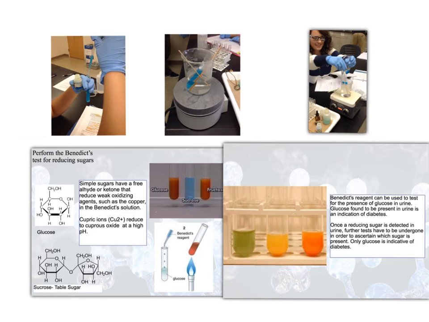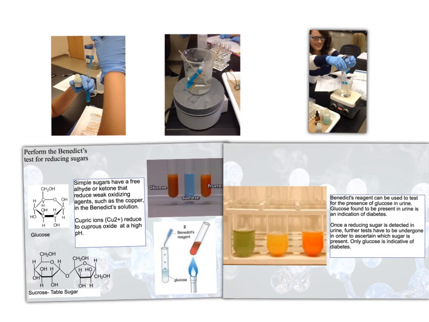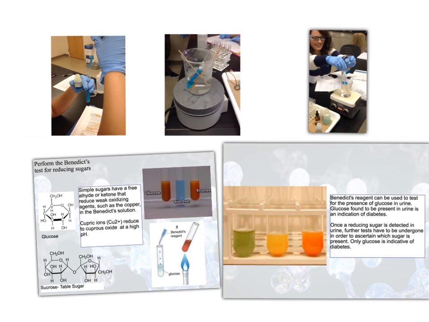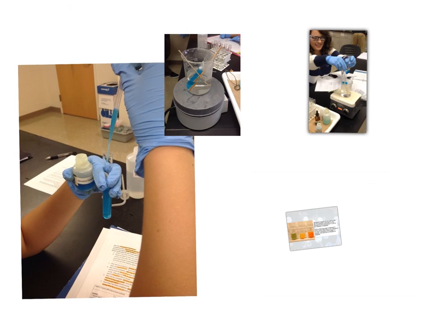So basically, how you perform the test is that you are going to take a small bit of sample, usually about 7 to 10 drops, half a ml, and you are going to add 1 milliliter of Benedict's solution. Benedict's solution is this blue solution.